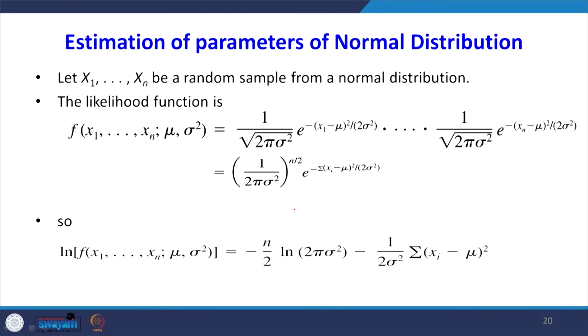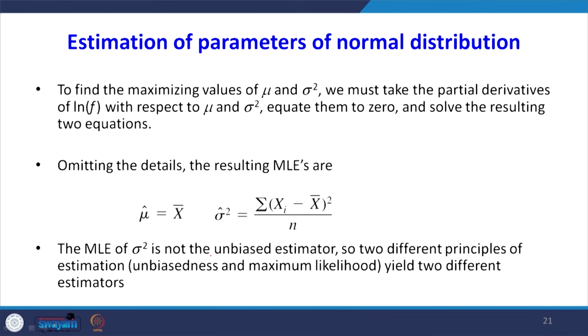Log of 1 is 0, so it will become 0 minus n by 2 log of 2 pi sigma square, minus sigma of xi minus mu whole square divided by 2 sigma square. Now, this is the log value of the likelihood function. This equation has to be partially differentiated with respect to mu and sigma square and equated to 0, then you will get the parameter.